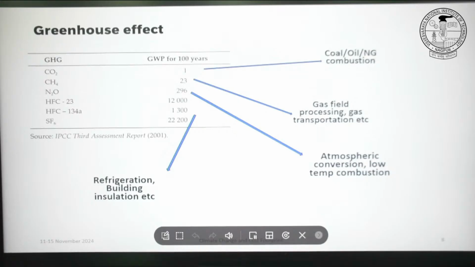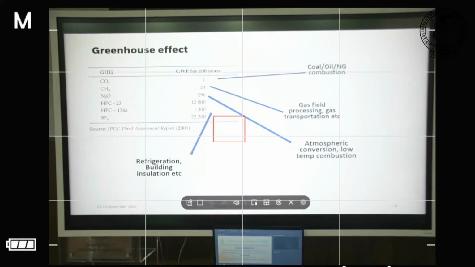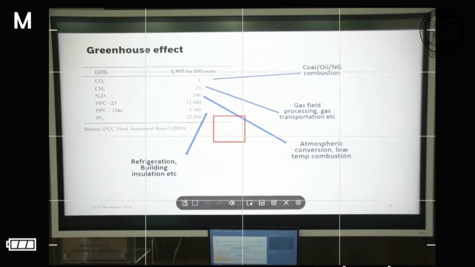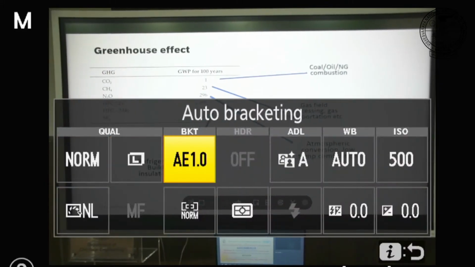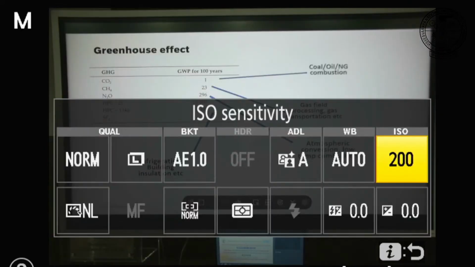So basically N2O is not as such released from combustion. If you are burning something using air, and burning or combustion means you could have temperatures of 1800, 1900 degrees. For example, if you are burning methane, here you can have a temperature of 1900 degrees.